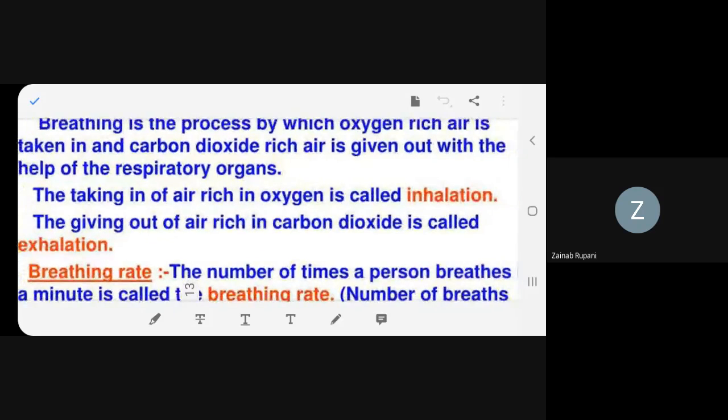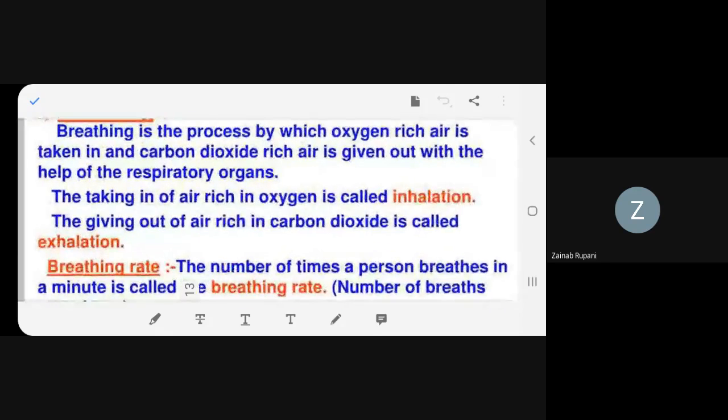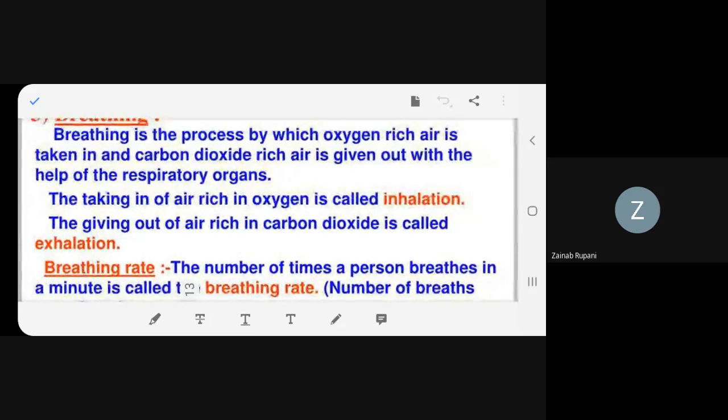Now read. The taking in of air rich in oxygen is called inhalation. The giving out of air rich in carbon dioxide is called exhalation. Very good.